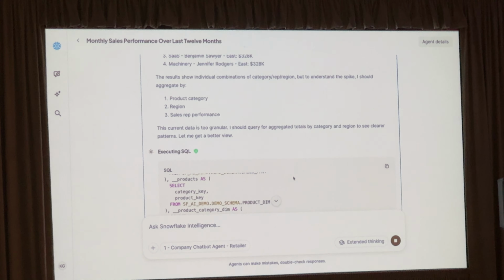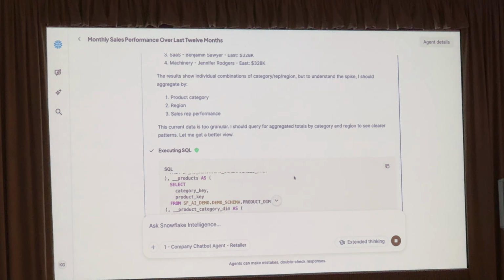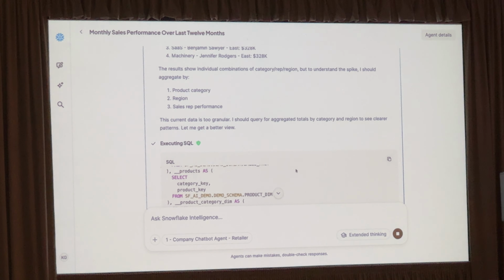Is this success tied to a specific salesperson, a specific region? So it's really starting to dig into those results, and we're seeing it's executing a verified query here, and hopefully down here, we can see the next steps that it's planning, figuring out what to compare this to next.